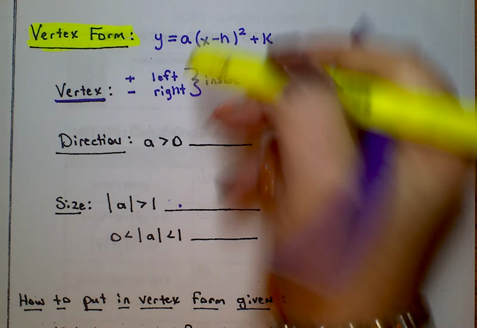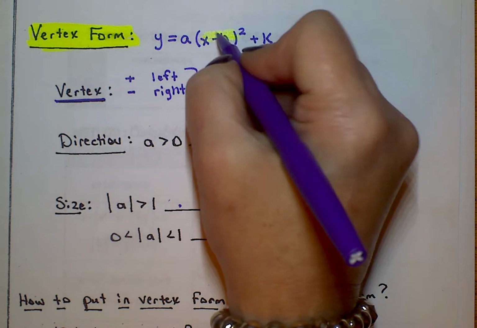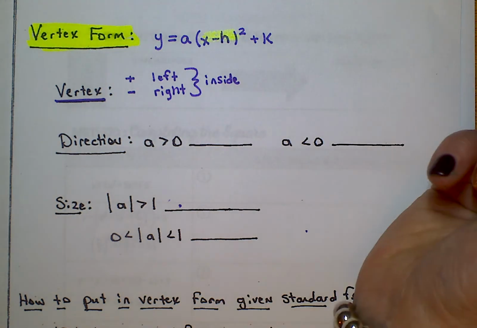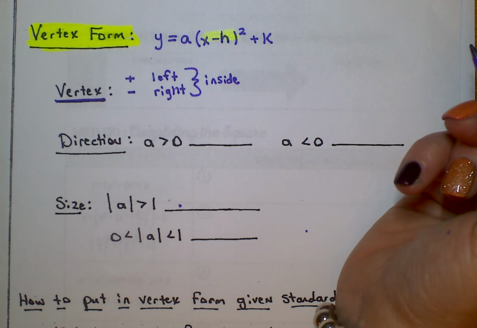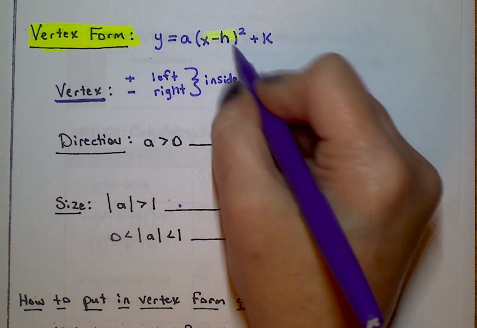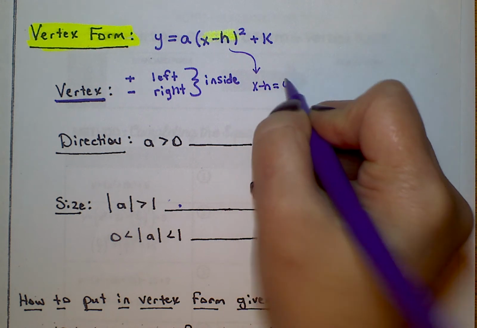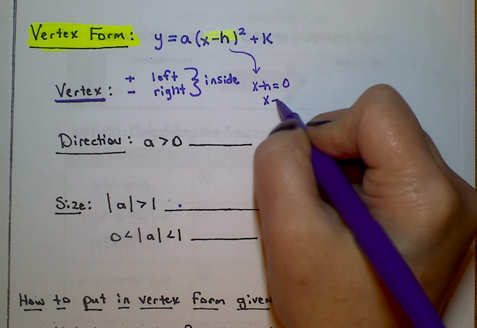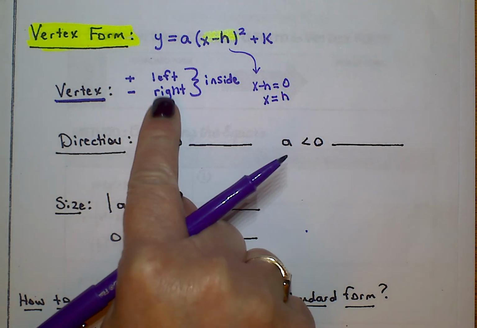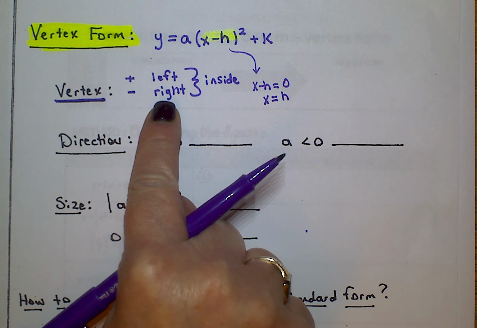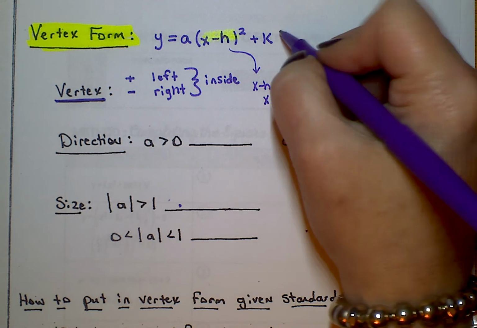So that would come from this portion right here. And think about that in terms of that h standing for horizontal. A horizontal move would be a left or a right move, okay? And the reason, remember, we change that is we take that and we set it equal to 0. So then it would make that h positive. So therefore it would be a right move, even though it was negative inside, okay?